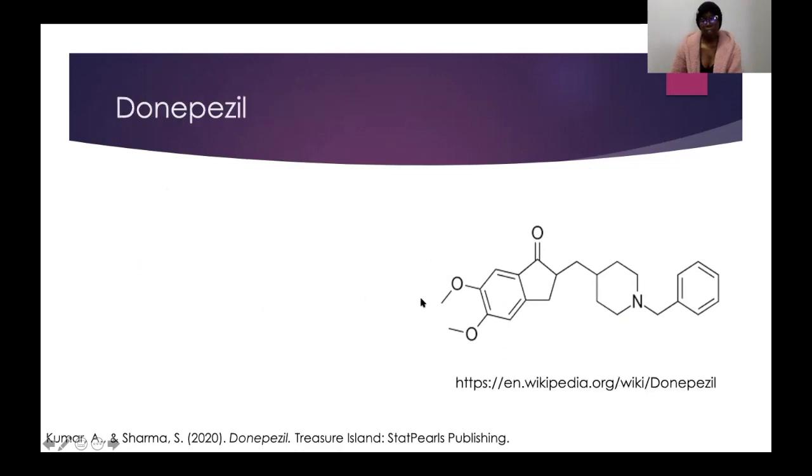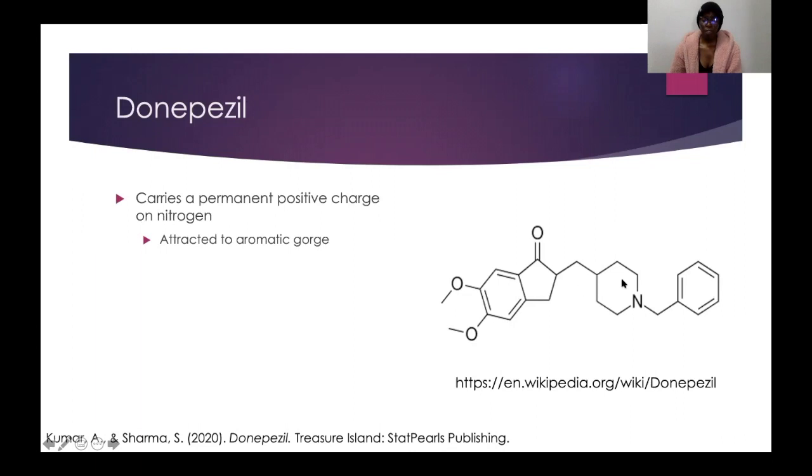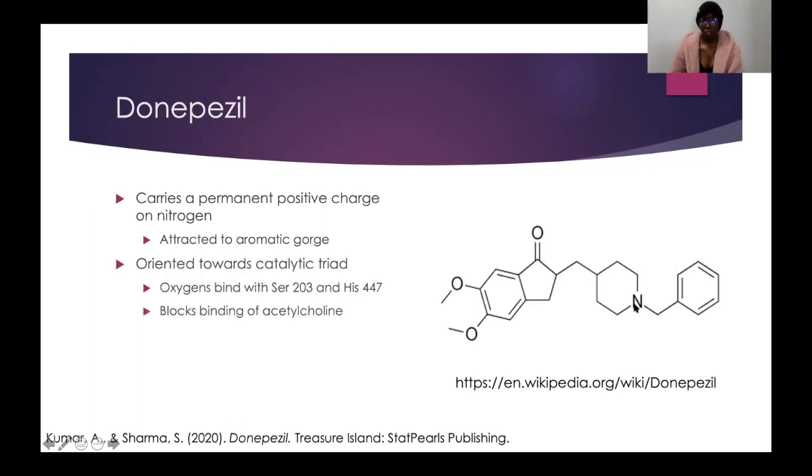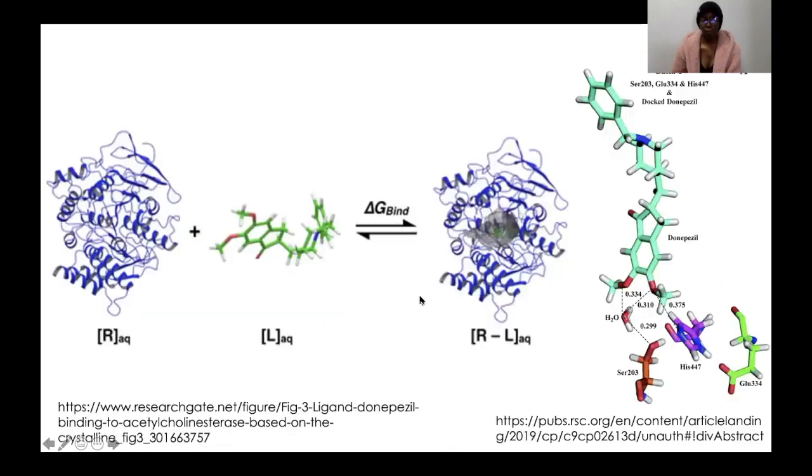For donepezil, its mode of action basically consists of that permanent positive charge on its nitrogen that is basically attracted to that aromatic gorge. And what this does is it basically orients the molecule towards the catalytic triad, where the oxygens here can bind with the serine 203 and histidine 447, blocking any other acetylcholine molecules from entering.